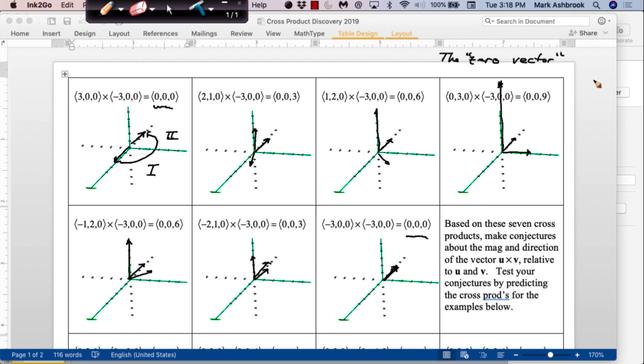So how does that compare to the dot product? What happened when you were parallel with the dot product? Maximum, right? So it's either maximum positive or maximum negative. So here it's like the inverse situation when you're parallel.